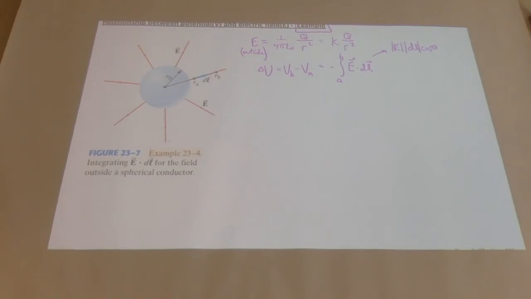So let's go ahead and simplify that just a little bit. Let's rewrite this. So this is just going to be minus the integral from A to B of E dl. Again, I can make that simplification because E and dl point in the same direction.